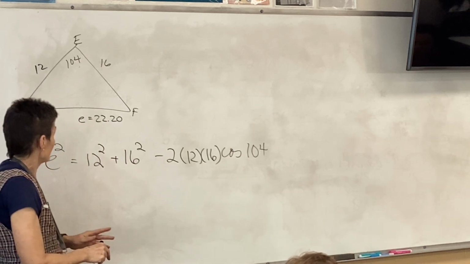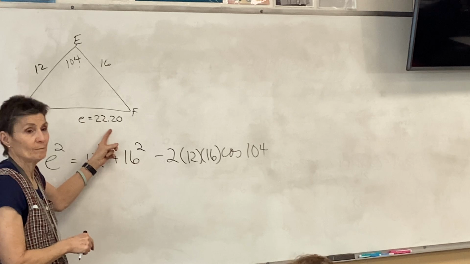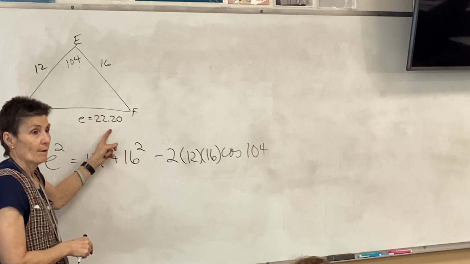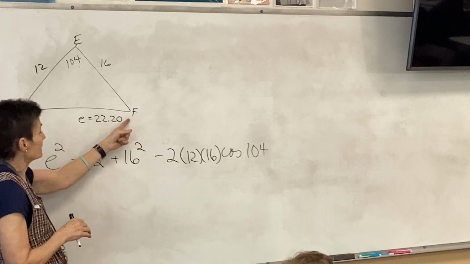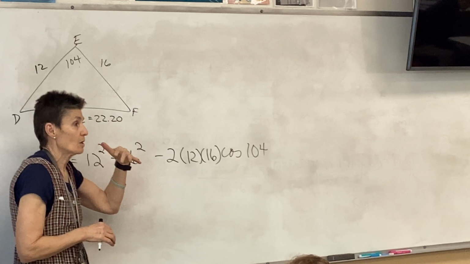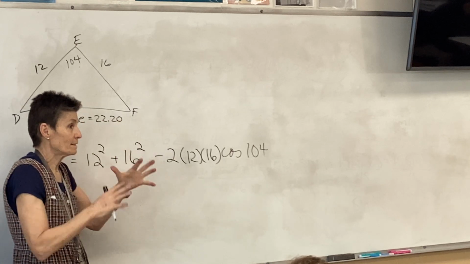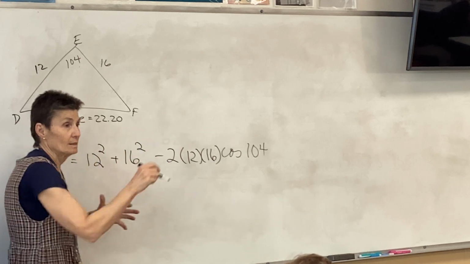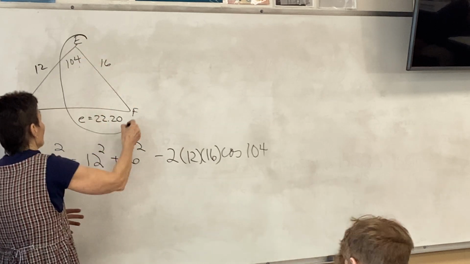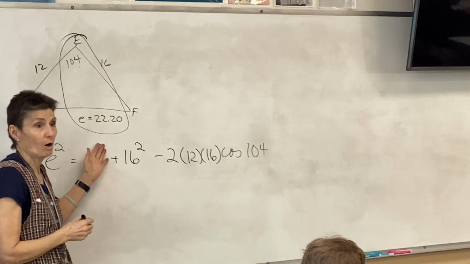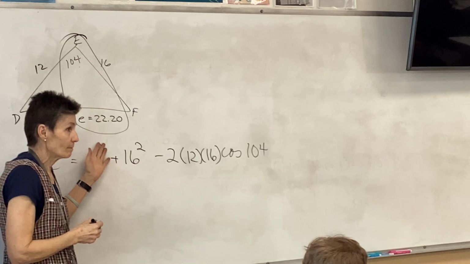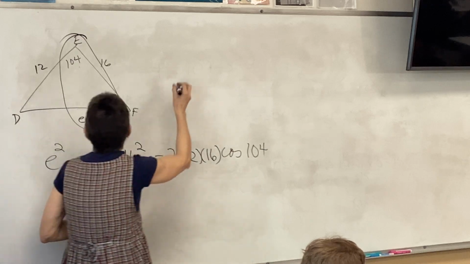Okay? So everybody good with 22.2? Alright, now we aren't done. We still have to find angle D and angle F. So, what's next? Now look at what you have, guys. Don't you have what you need to do the law of sines? So here we go.